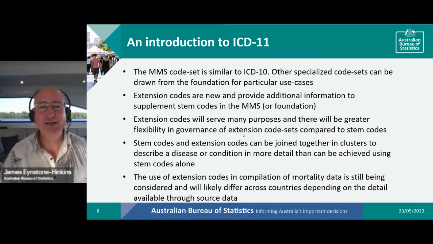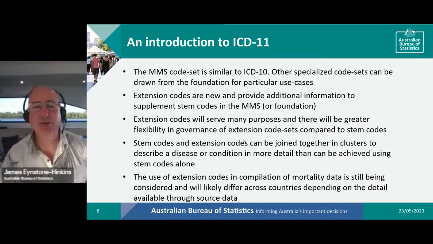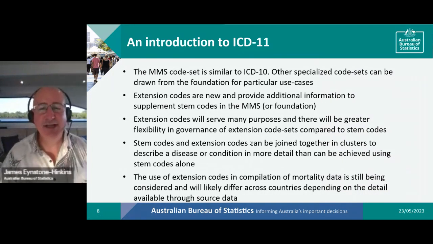It contains already literally thousands of potential extensions, which allow for codes to be further specified, and that further specification can be in any number of ways. Extension codes will not necessarily have the same level of governance around them that the stem codes in the MMS will have. There is a very rigorous process for updating components of the ICD, but for extension codes, where they add value, there is much more flexibility to be able to add those to the classification.